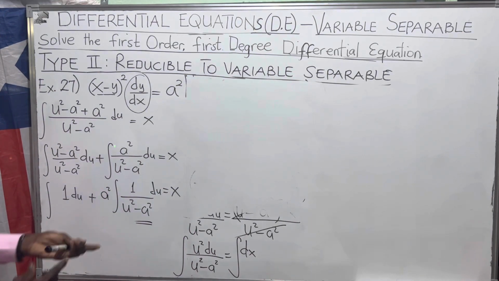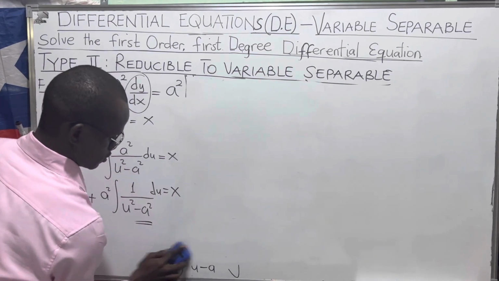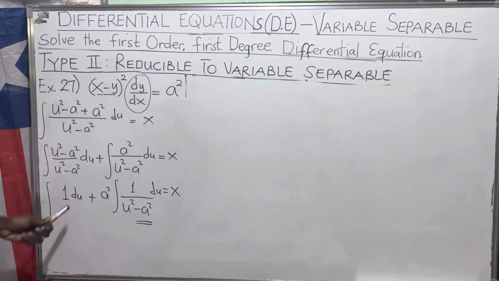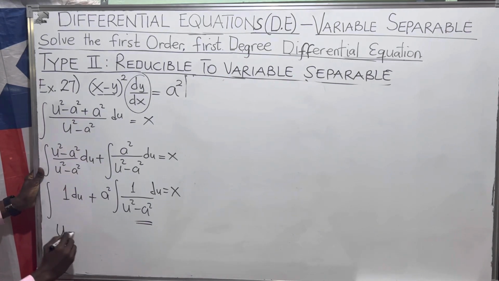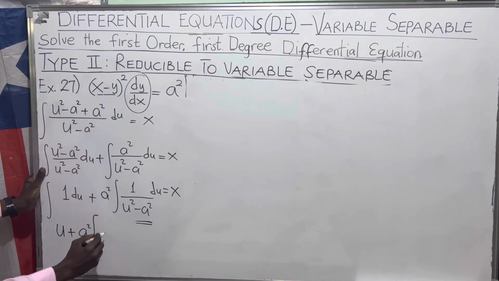So the property for this one, in fact, let's write it right here. Okay. So the integral of this one is just u plus a squared now. Now this one is just 1 all over 2a.